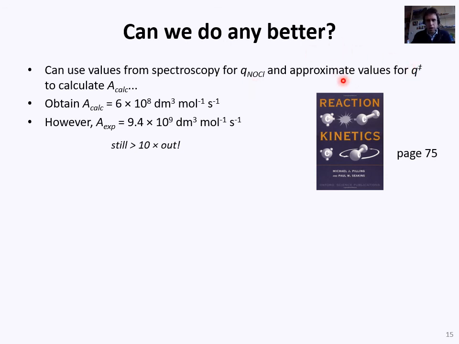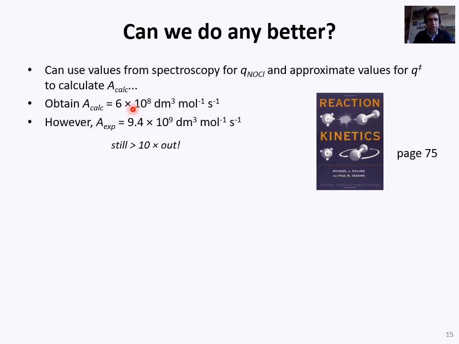We can also try to either measure or get approximate values for our transition state partition function, and if we do that, and this is covered in reaction kinetics page 75, you get a calculated value for the pre-exponential factor that's about 10 times too small. So unlike collision theory, which would be 10 times too big, transition state theory is at least going the other way. But it's a bit too small now.